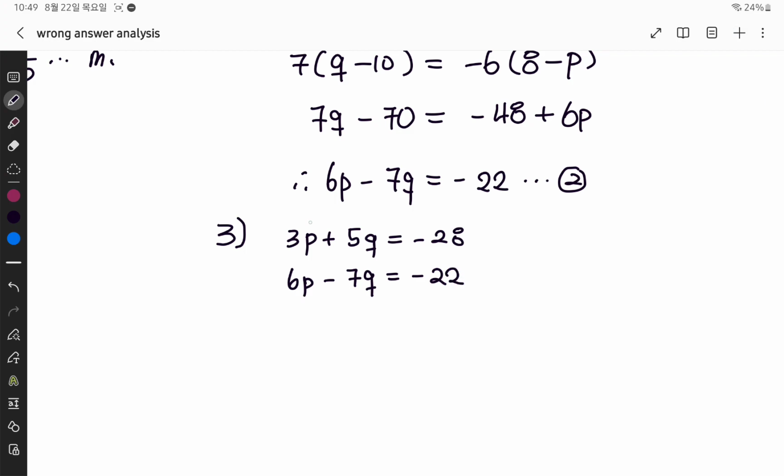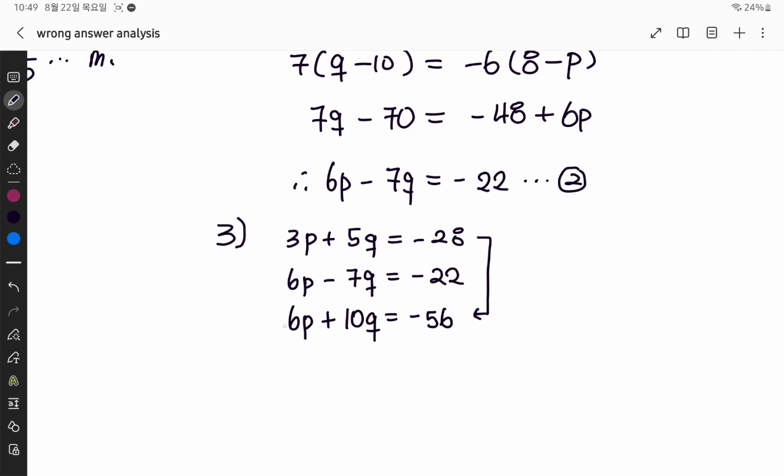Since I notice that if I multiply the first by 2, I can double it, I'm going to write 6P plus 10Q equals minus 56.